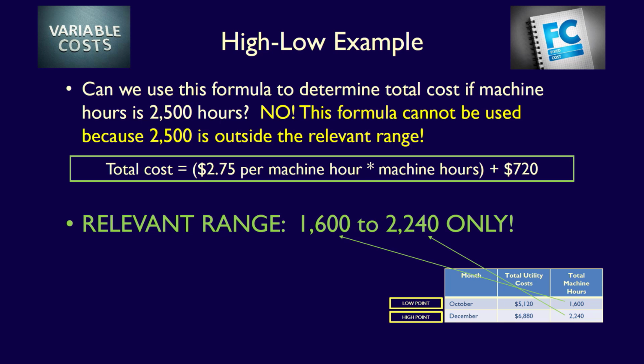We cannot apply this formula outside that relevant range. That's because we don't know if the division between the fixed and variable components of the mixed cost will remain the same outside of the relevant range that we already determined. We can use this formula for any level of activity between the high and low levels that we used to calculate the formula in the first place.